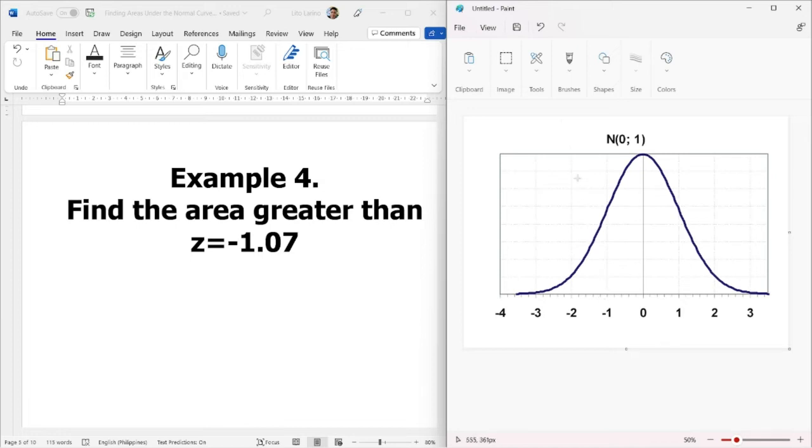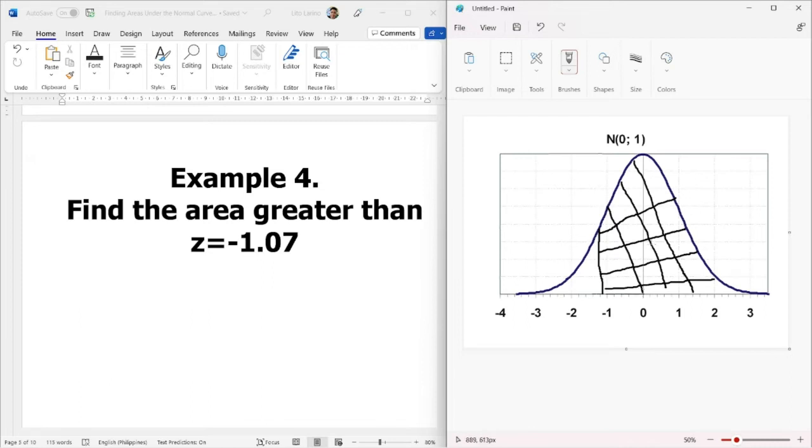Let's say it's located here. Okay, now greater than, that means above the given z-score. That means we are going to look for this area, including the other half.